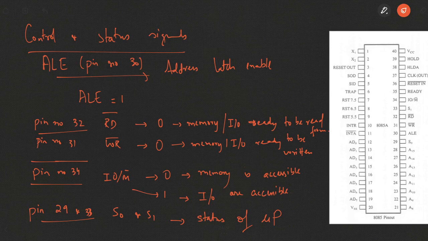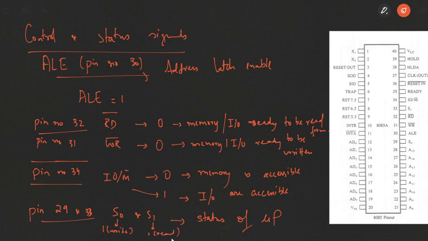Fine. Normally, for the read operation, whether it's from the memory or from the IO device, S1 is 1 and S0 is 0. For the write operation, S1 is 0 and S0 is 1. This is 1 for write operation. This is 1 for read operation.